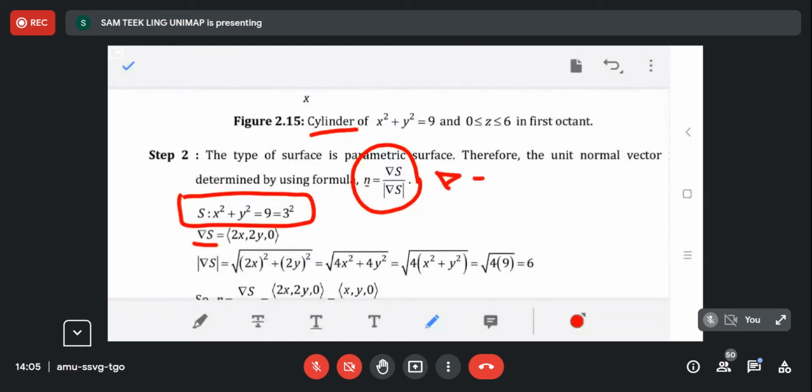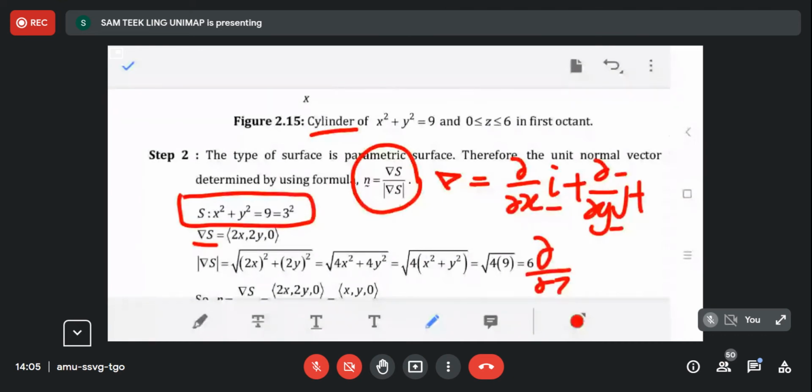This one is the del operator: del equals del per del x i plus del per del y j plus del per del z k. The del operator. Before, it was del phi.